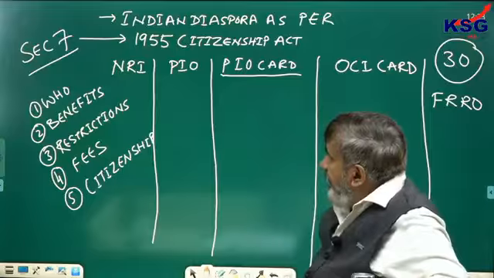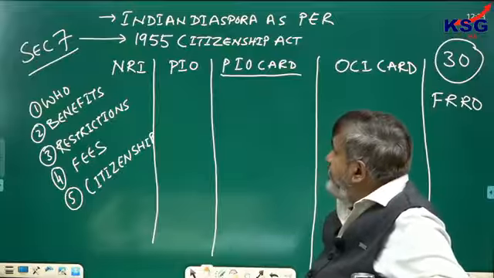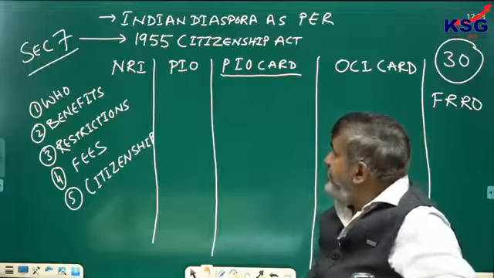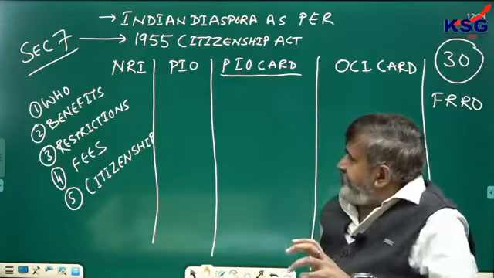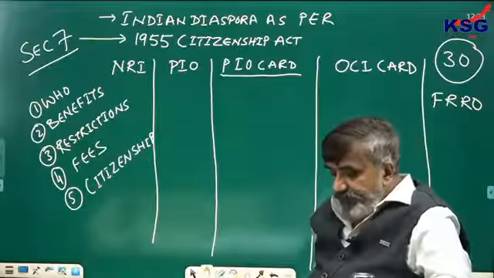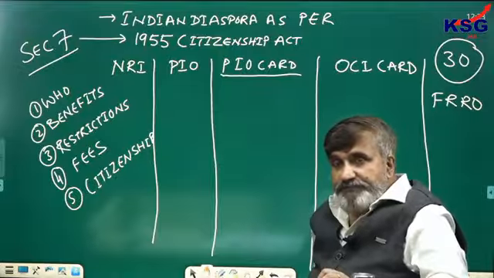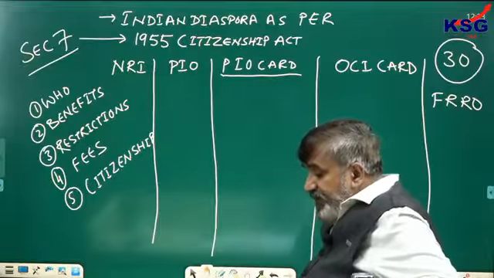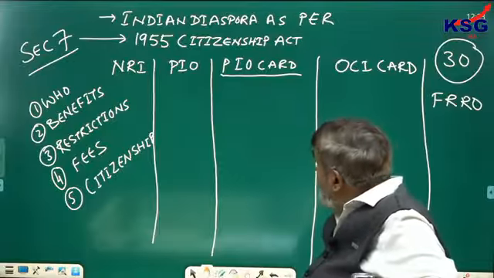Now restrictions. NRI, no restrictions. PIO, everything is restricted. PIO card holder restrictions. First one, all political rights are restricted. Second, cannot indulge in sale and purchase of agricultural and plantation properties.